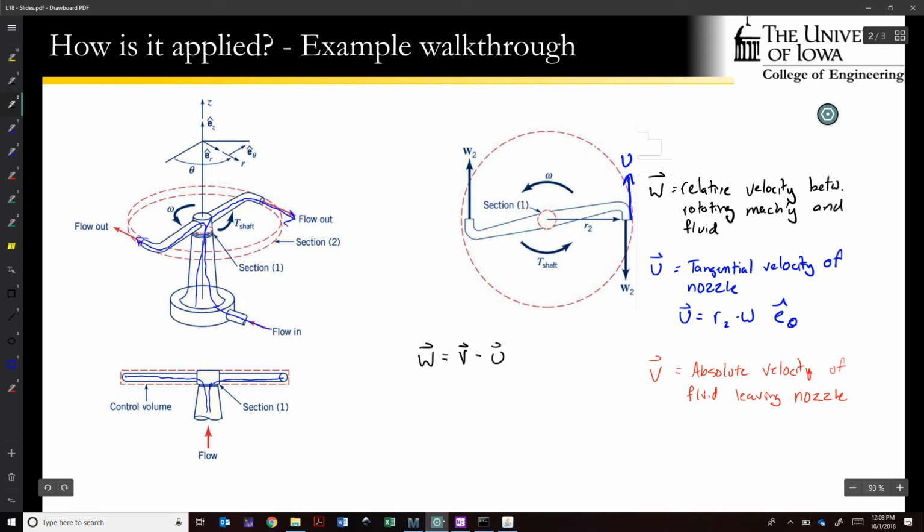And so flipping that around, v is equal to w plus u. In this particular drawing, let me redraw this.